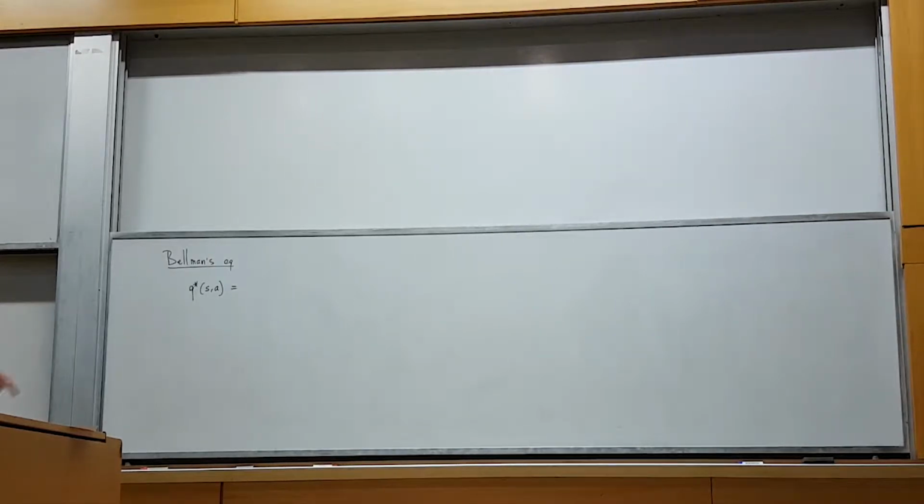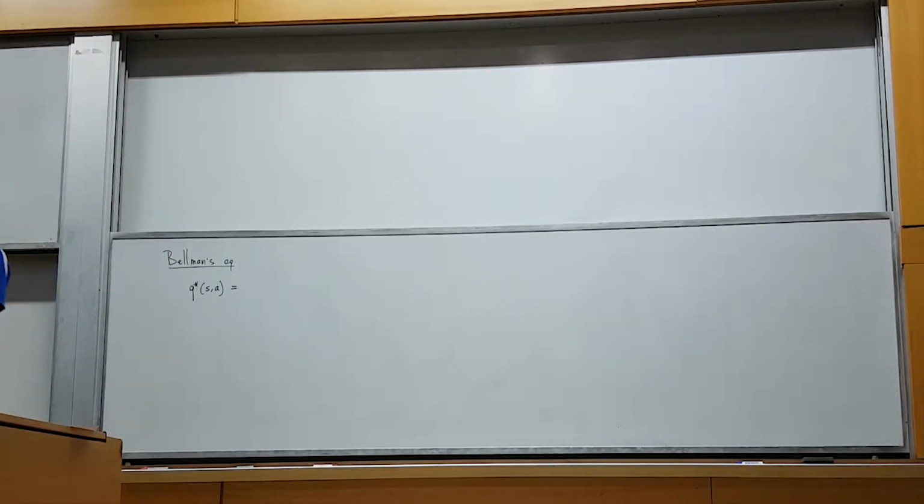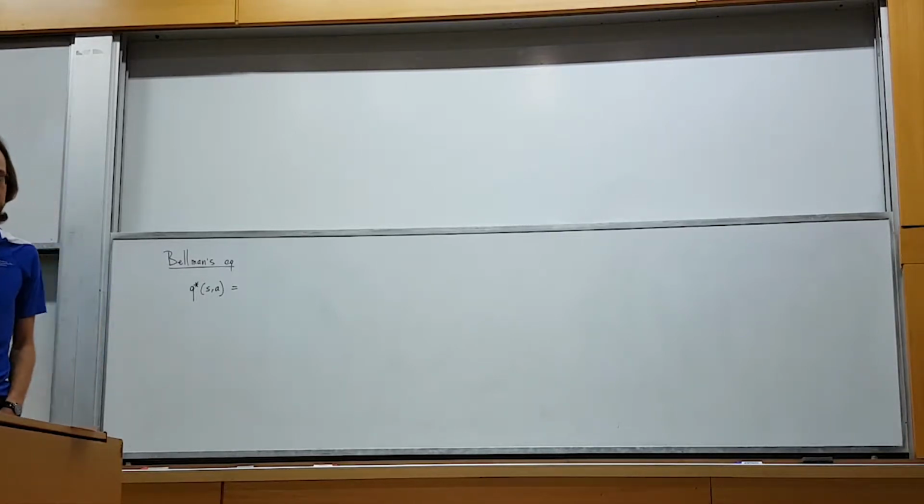Okay? And I'm writing Q star, meaning that I'm working with the optimal policy. We've seen last time that there might be more than one optimal policy, but there is at least one deterministic policy that gives this optimal value function. And there might be many policies that give the same optimal value of the value function.